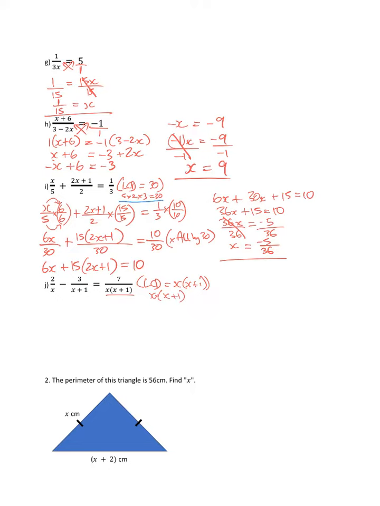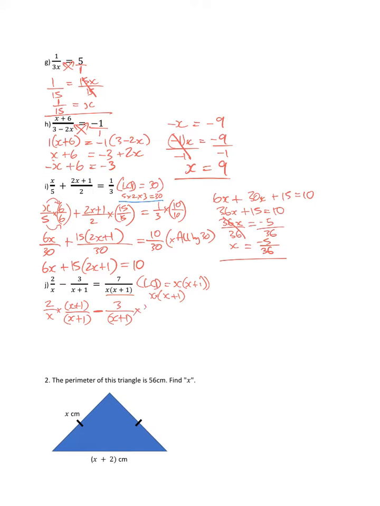Alright, so how do I get 2 over x to have the denominator x times by x plus 1? It's already got the x there, so I need to times it by x plus 1 over x plus 1. Taking the next fraction, 3 over x plus 1. It's already got a denominator of x plus 1.